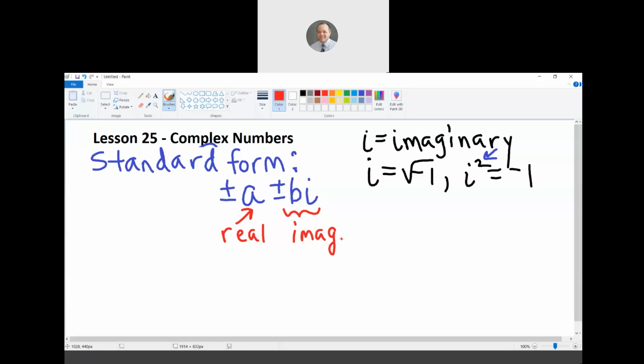So let's start with an addition problem. And this one has multiple additions.